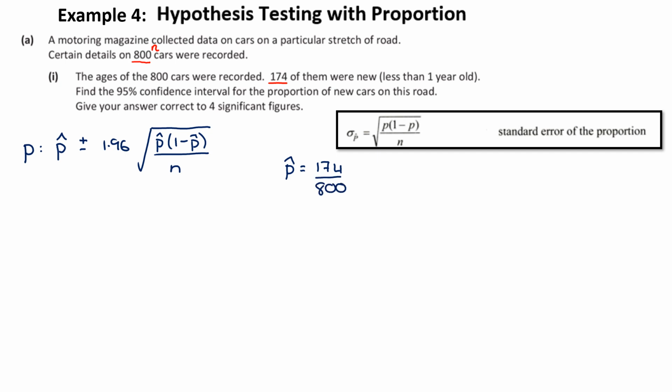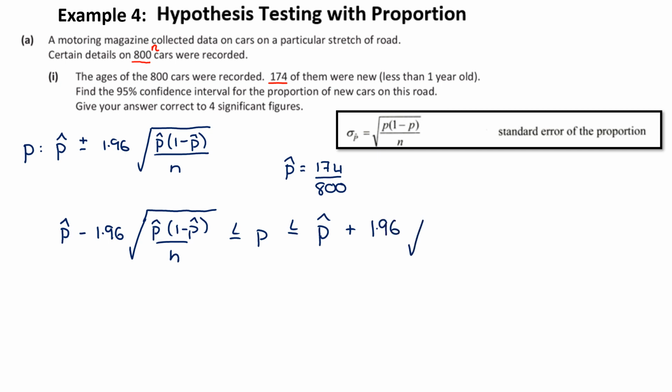So we're going to leave that as a fraction, and we end up with P hat minus 1.96 square root of P hat times 1 minus P hat over n, less than or equal to P, less than or equal to P hat plus 1.96. Sometimes breaking this down into just a plus and minus, students go, okay, I see, I don't actually have this huge formula to learn off.